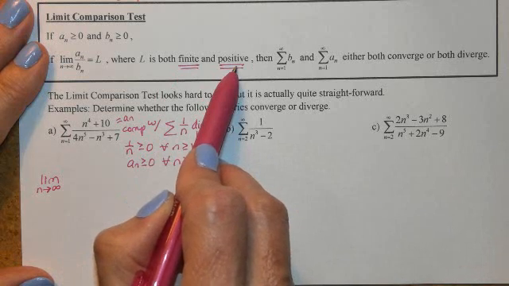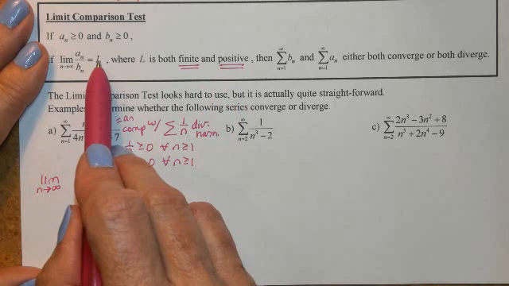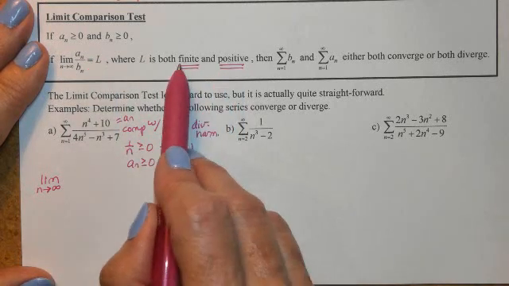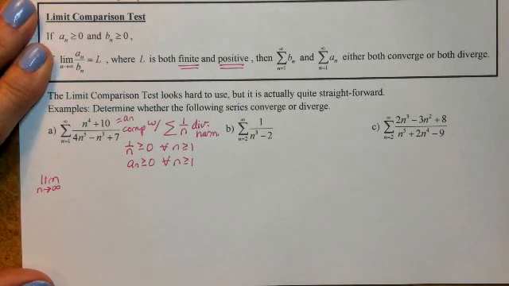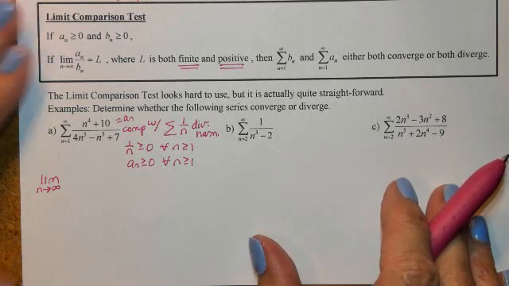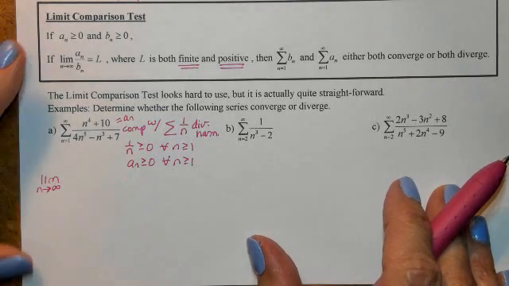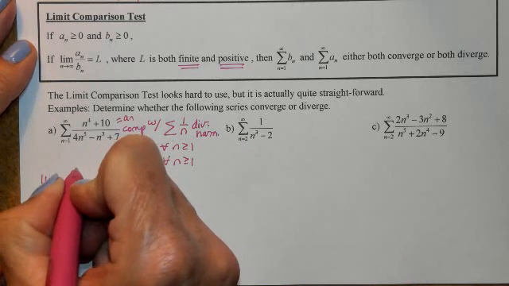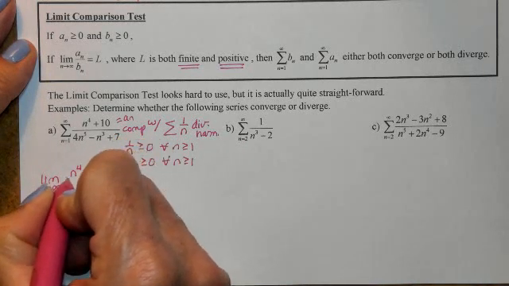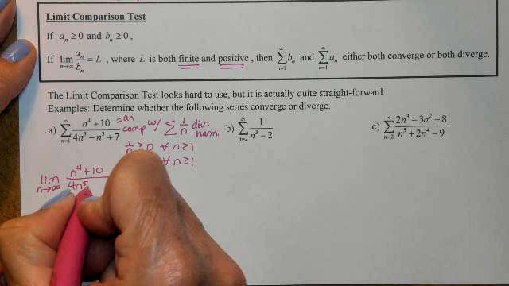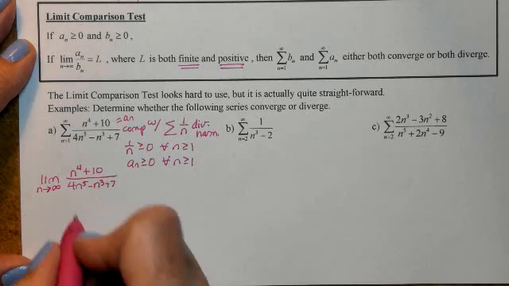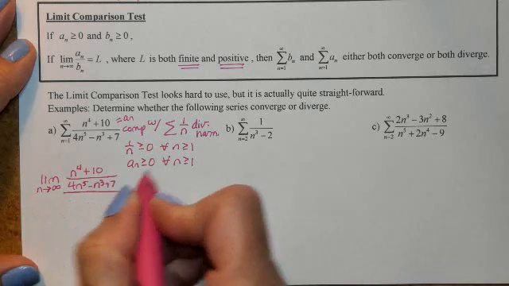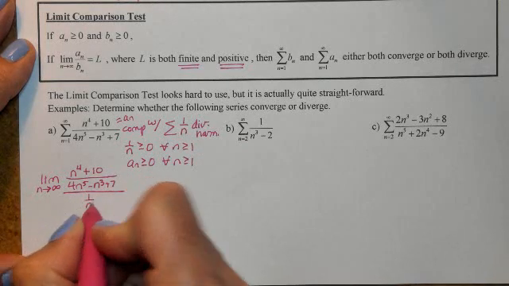Positive means it's positive. So you're either going to get a number or 1 over that number, and that's not going to change whether it's finite or positive. So it does not matter which you put on top here. I prefer to put the more complicated thing on top, and you'll see why in just a second. And I'm going to put the less complicated thing, 1 over n, on the bottom.